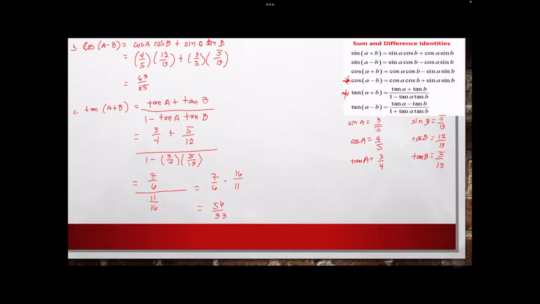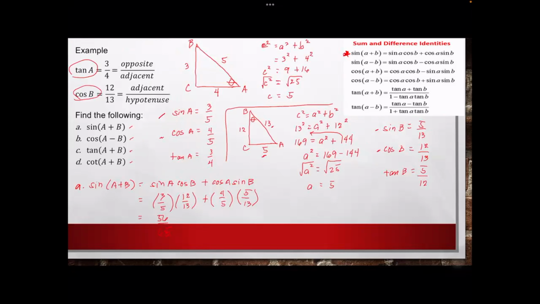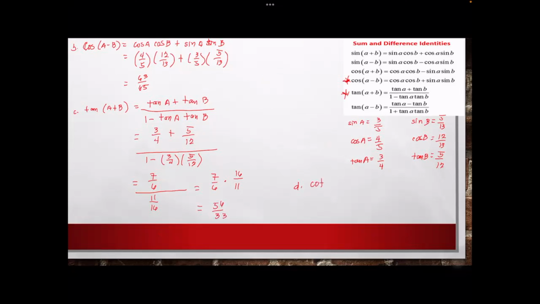Now, for the letter D, nakalagay dito is cotangent A plus B. So, we need to solve this. Wala tayong cotangent sa given natin. Nakalagay natin is tangent. So, pero ang given natin ay cotangent, wala tayong cotangent sa formula. Paano natin siya isosolve?